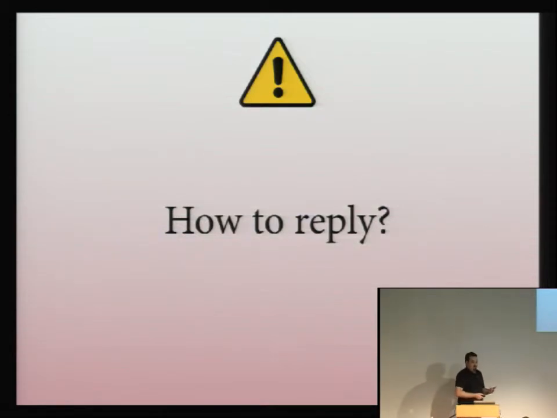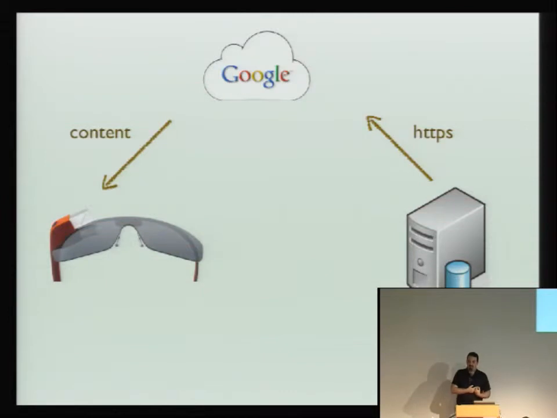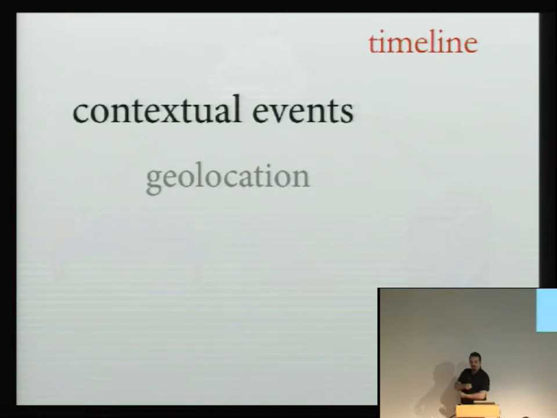How to reply? If the user is asking, for example, to charge the account, and I want to say, okay, now you have $10 or francs, I basically send another message through HTTP. It can be a new card, or I can update the same card. I have the ability to update cards, right? And then we have contextual events.